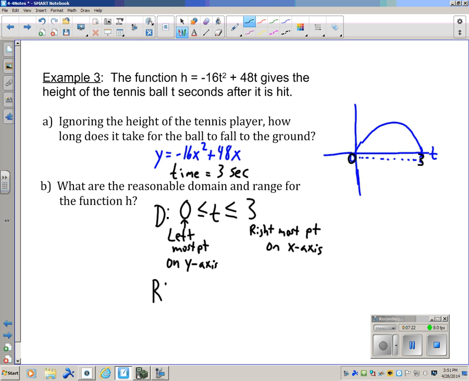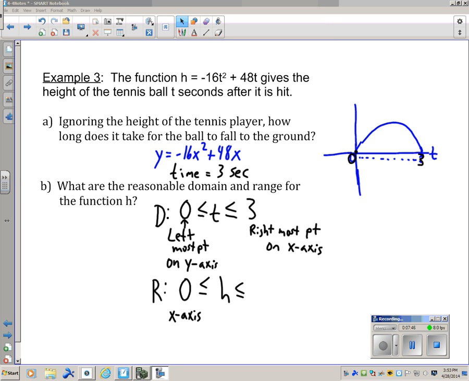And then our range has to do with our height. We're going to use the same symbols. The height starts off usually at a certain height here. In this case, it's going to just be 0 because we can see our height there is 0. So that's going to be the x-axis, so on the axis there, it's going to be a y value. So then our other one, we looked at the bottommost point here.